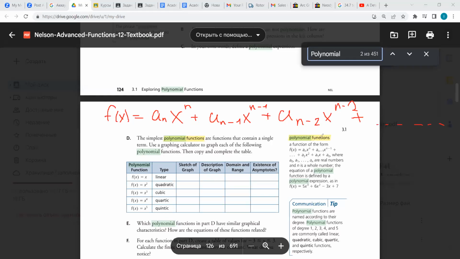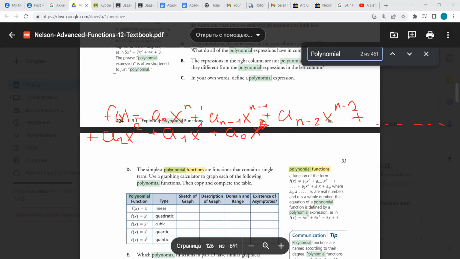We can list as many terms as we want, but it will end with a_2 x squared plus a_1 x to the power 1 plus a_0 times x to the power 0, but we can simplify it and write it as a_0. So this is the general form for polynomial functions.